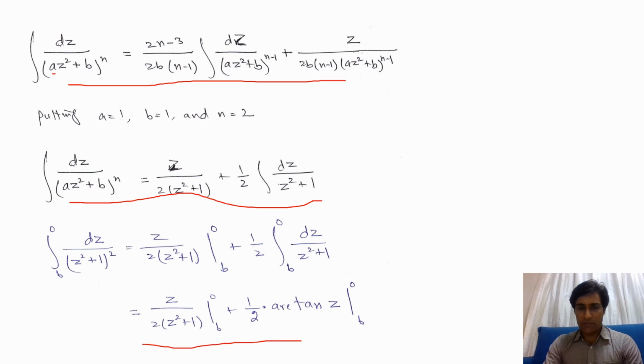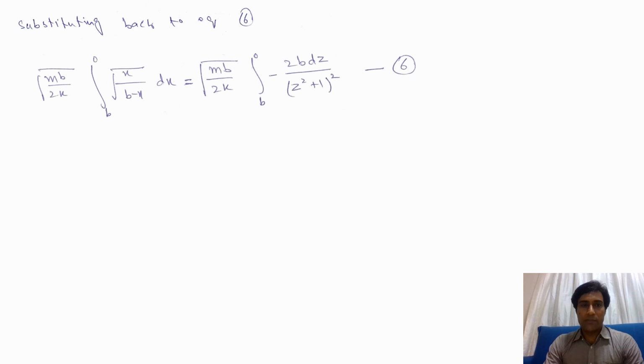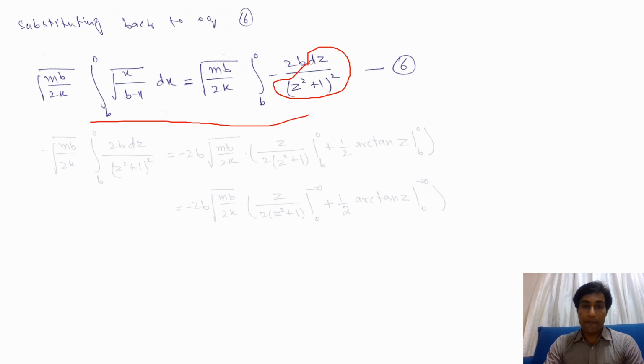Here it is simple integration, it is very basic. So substituting back to equation 6, you know that we solved this integral, so we will simply substitute its value in equation 6.